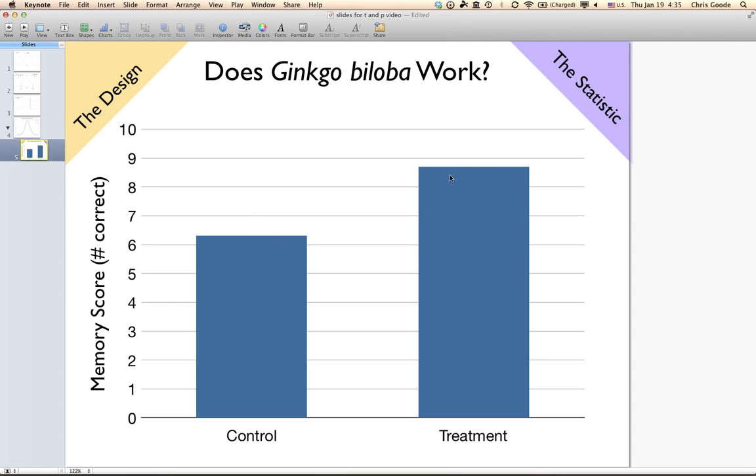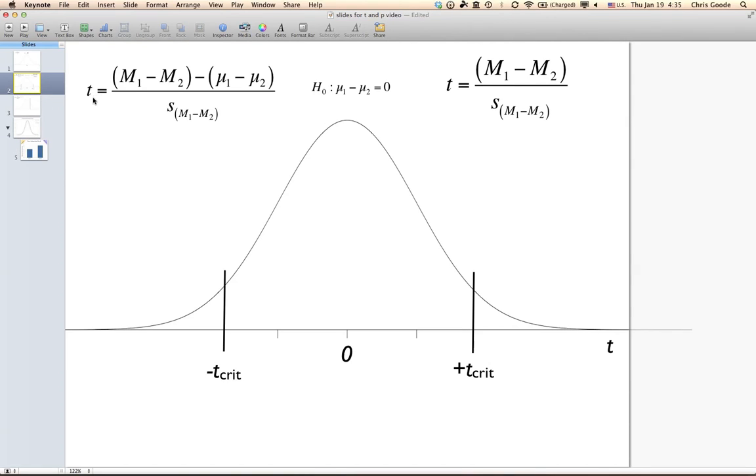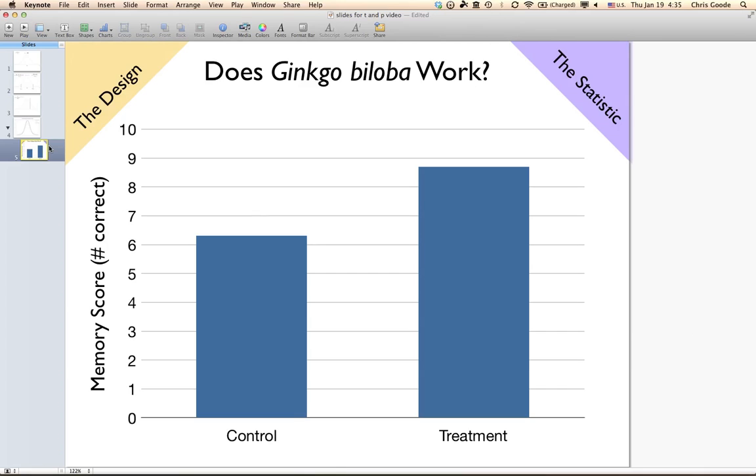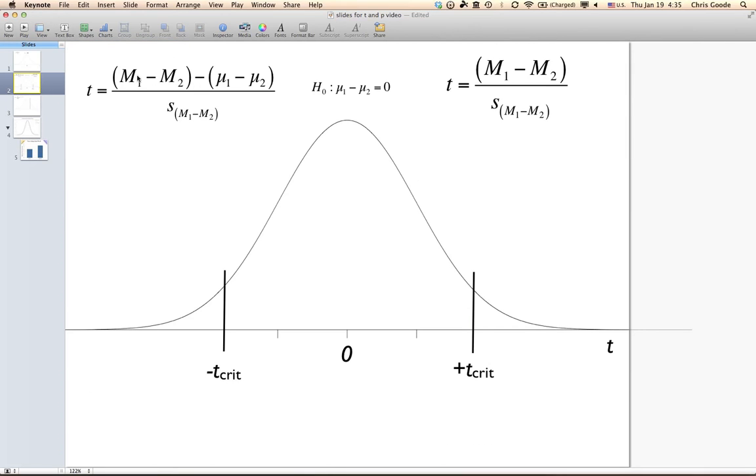There's clearly a difference, but is this difference big enough for us to conclude that ginkgo really works? Well, that's what we're using t to do, but we first have to make the assumption that ginkgo actually doesn't work. You assume that it doesn't work, and then we're basically measuring the difference between the two means.